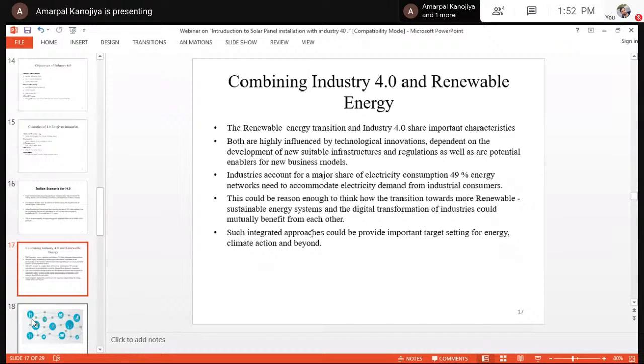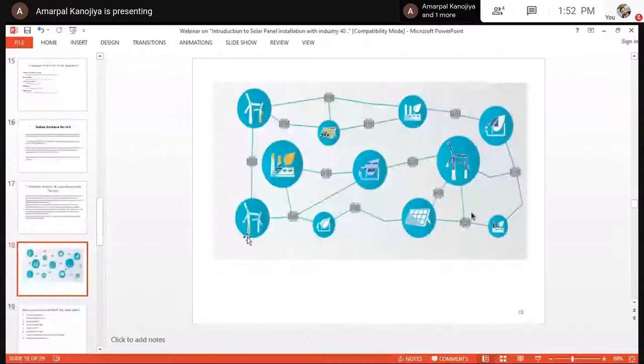You can keep a look at the whole generation of the plant, so the overall efficiency of the particular plant will increase. There is one block diagram where we are clubbing the solar power plant, wind power plant, and other power plants with Industry 4.0, so that all the plants can be looked after by mobile.